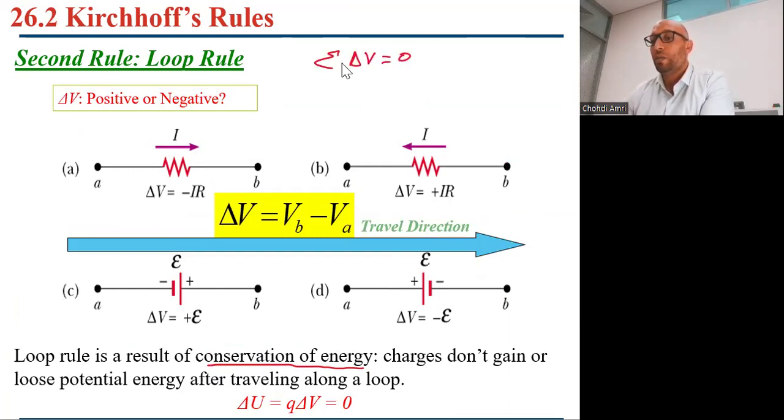If we multiply by Q, what are we going to get? This quantity is delta U, and it equals 0 because Q is different from 0. So the loop rule is the result of conservation of energy, and the junction rule is the result of conservation of charge.